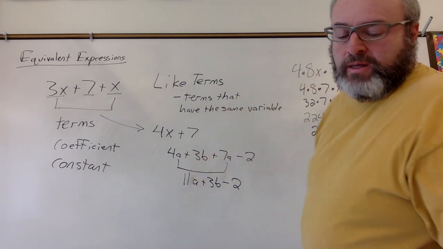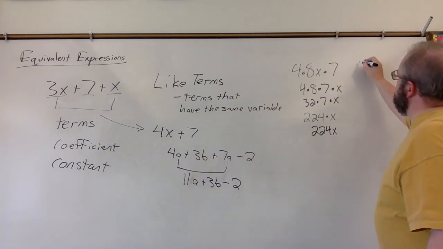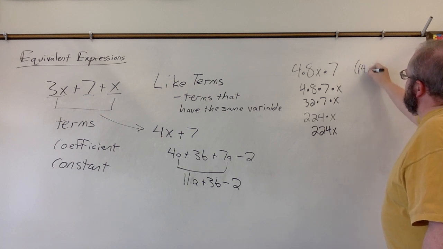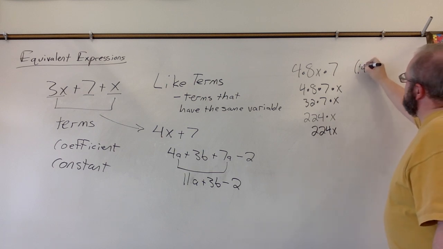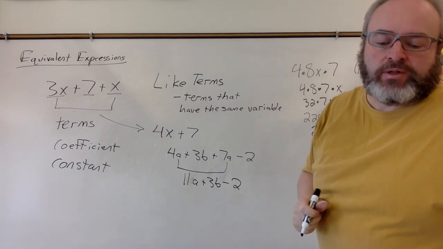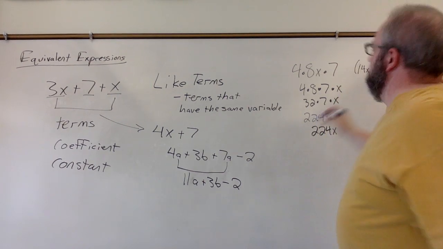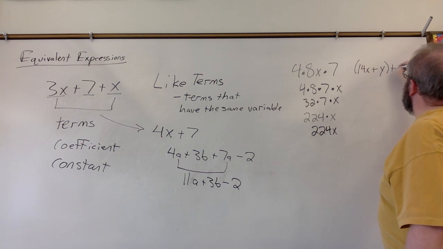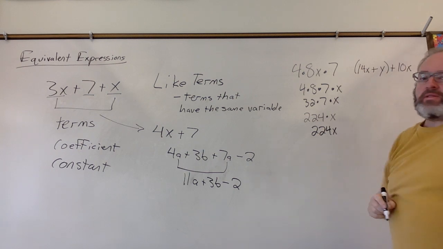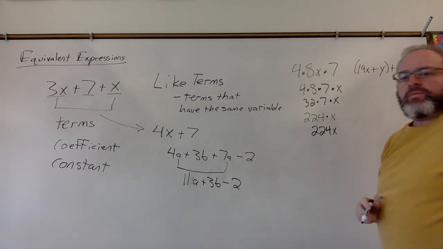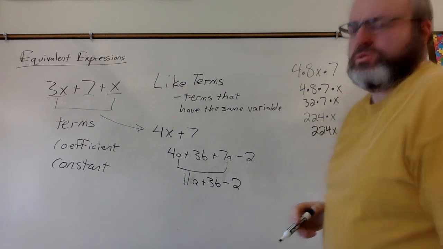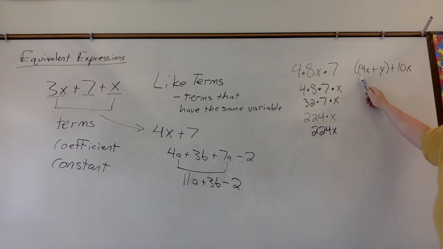Okay, now, let's say we had this problem. 14x, oops, more like 14x plus y plus 10x. Okay, so parentheses usually means you do this first, but can we combine 14x plus y? No, they have different terms. We have an x, we have a y.